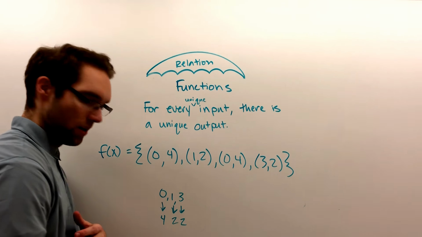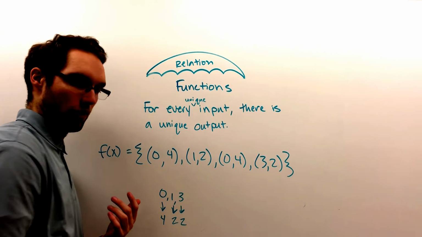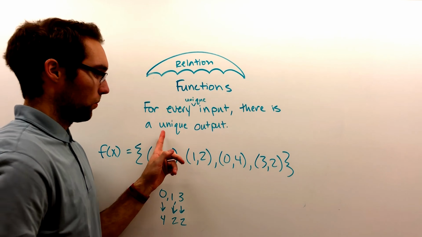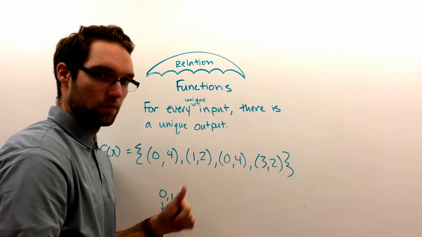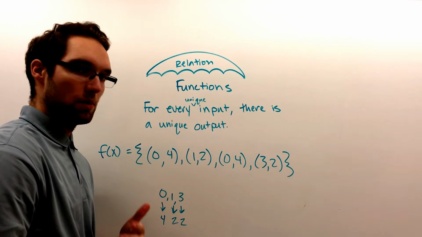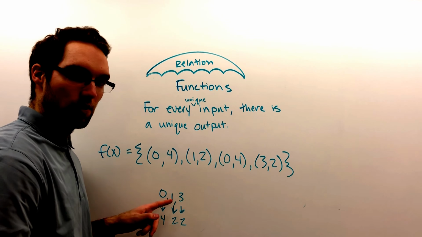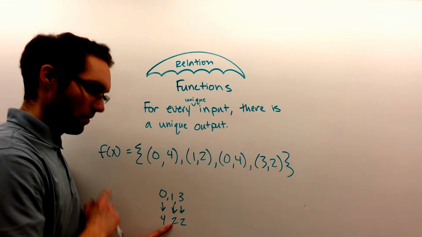The thing that tends to trip people up when they look at this definition is that when they think unique output, they think it means that there can only be one input that gives you 2. But what that really means is that when I put in 1, the only output that we will ever get when we put in 1 into this function is a 2.